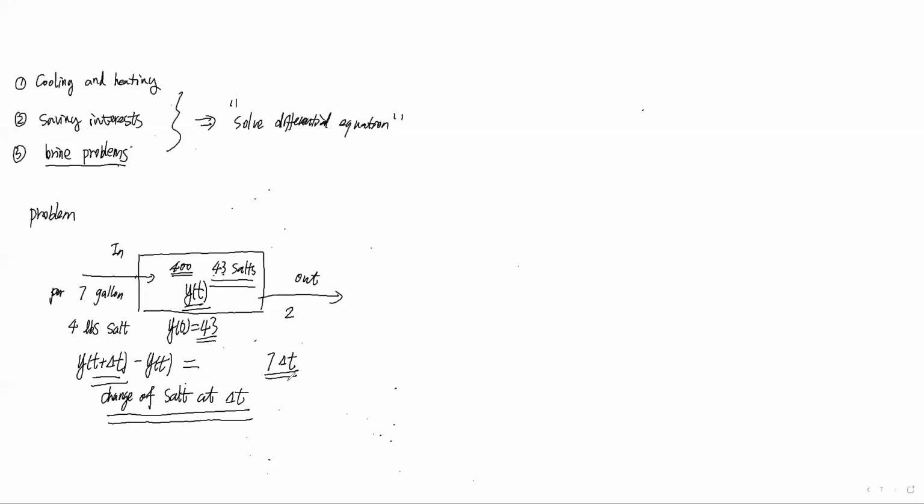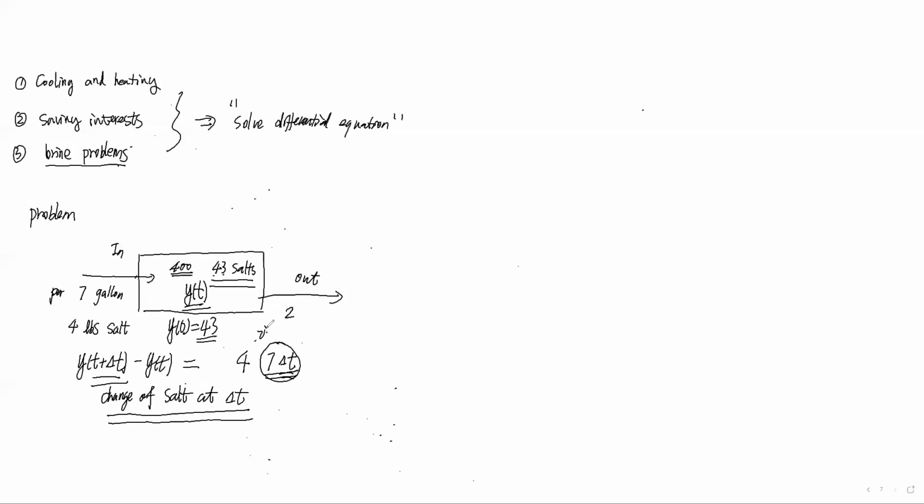But we know per gallon has 4 pounds of salt. In delta t time, we have 7 delta t gallons of water get into this tank. But this is gallons, and then per gallon has 4 pounds. Just multiply by 4. This is the salt getting into the tank in time delta t.